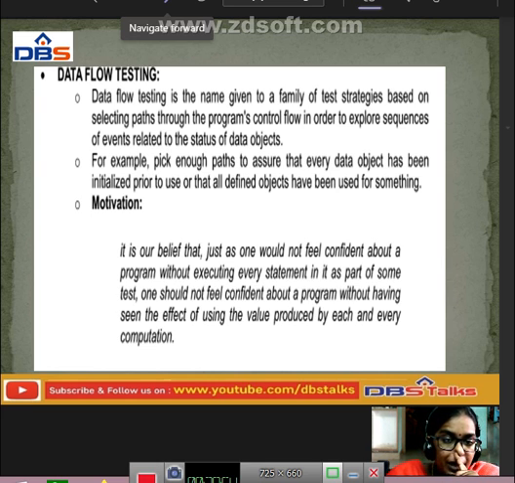Here you have some belief. Suppose you initialize beforehand and use all the defined objects, and they are used for something.